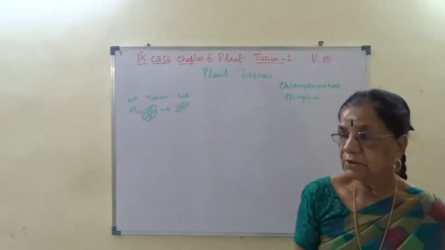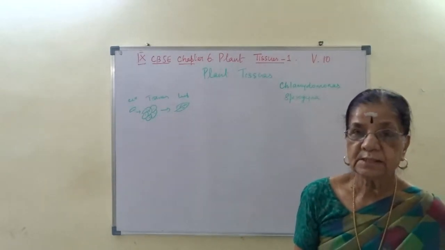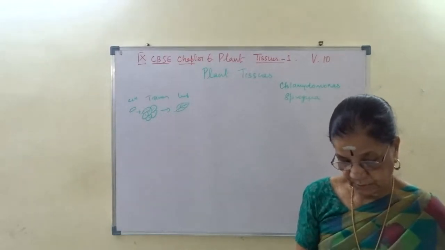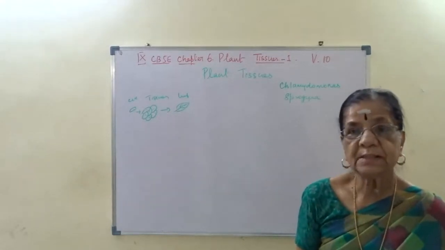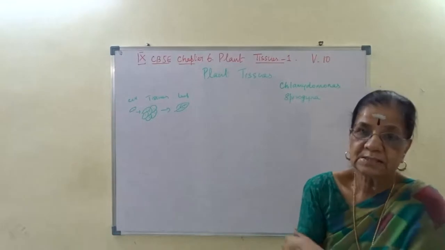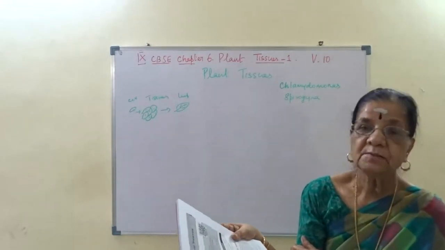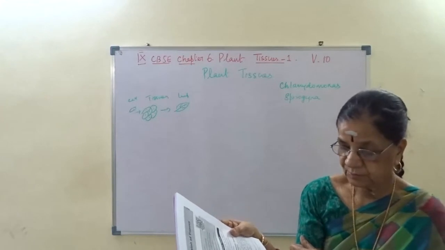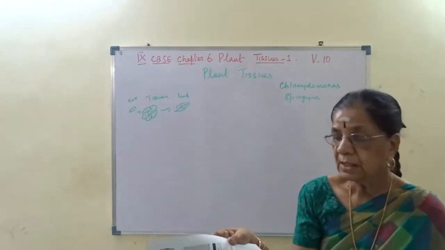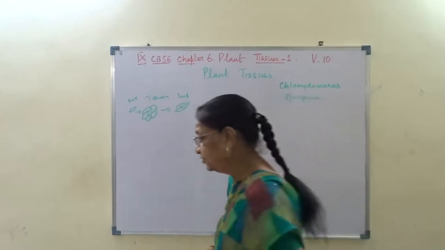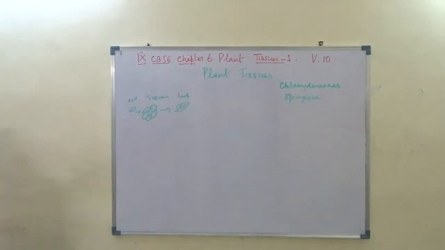In the same way, next we will study the other types of tissues. In animals, what did we study? The stomach is an organ and the epithelial cells form the tissues. I hope you understand. So this is how tissues arise.